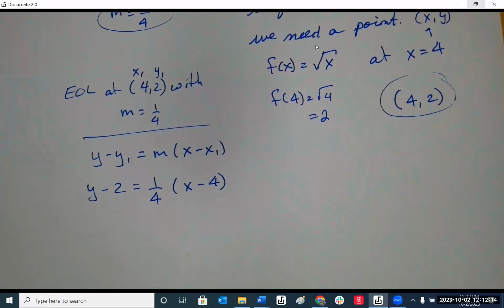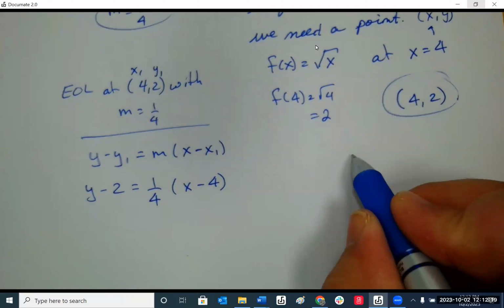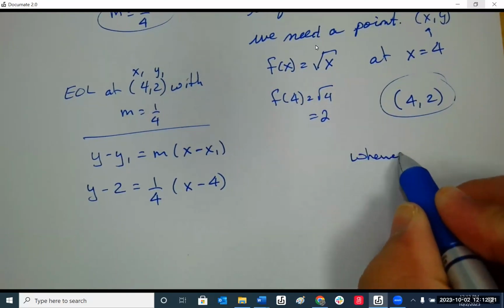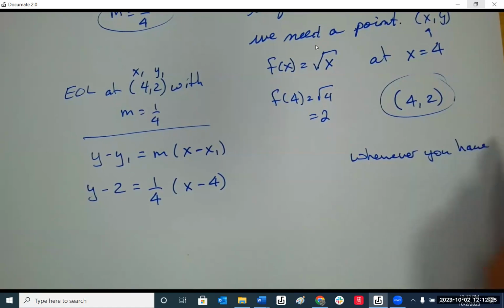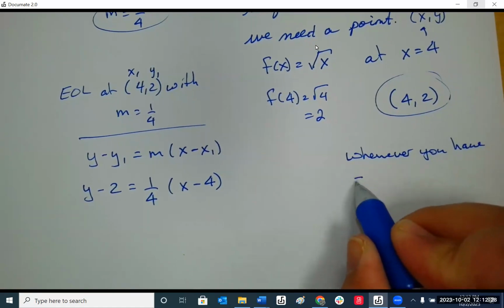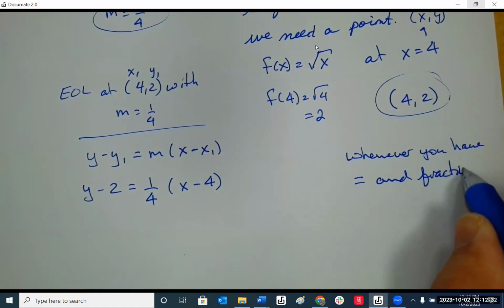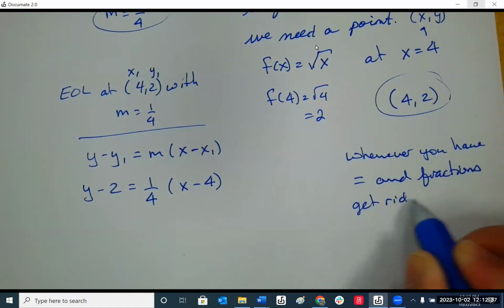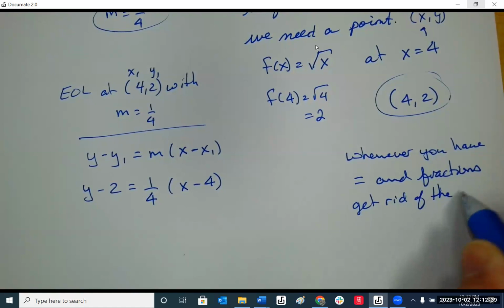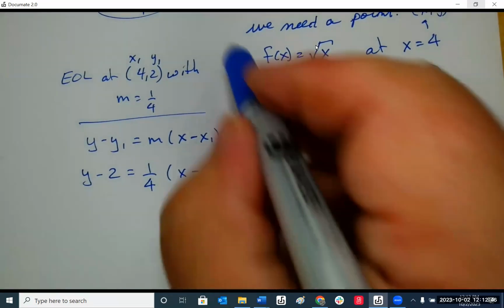For simplicity purposes later on, whenever you have equal signs and fractions, get rid of the fractions. And here's how you do it.